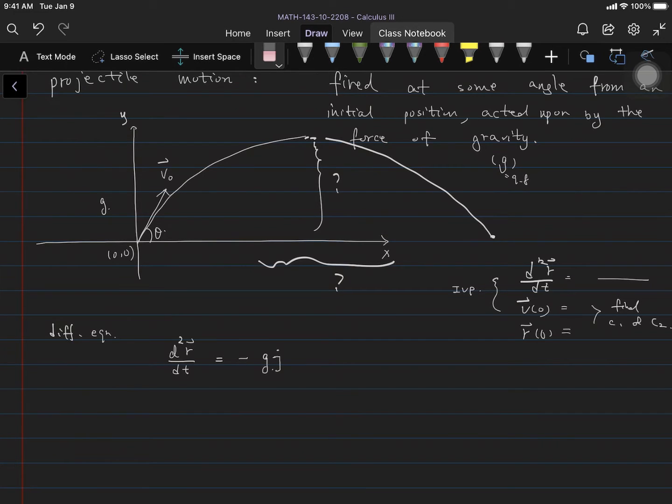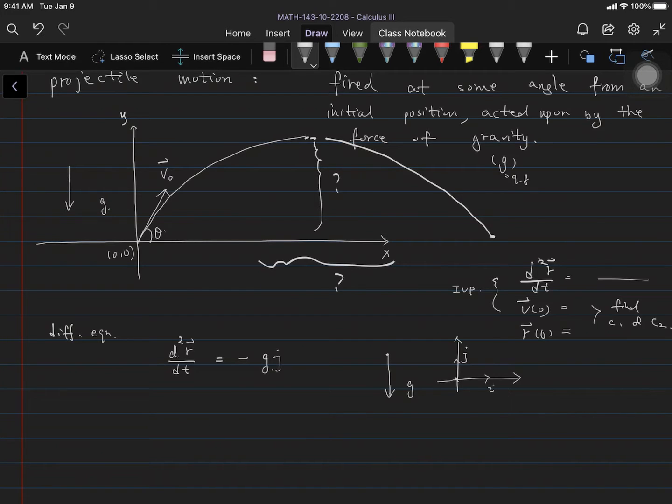Let's take a look at the direction of acceleration. Gravity, we know, goes downward, like this way, right? And for the plane, we know this direction is i, this direction is j. So it's opposite to the direction of j. So that is negative g j, right?